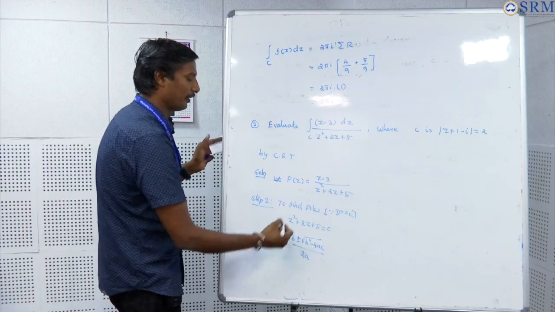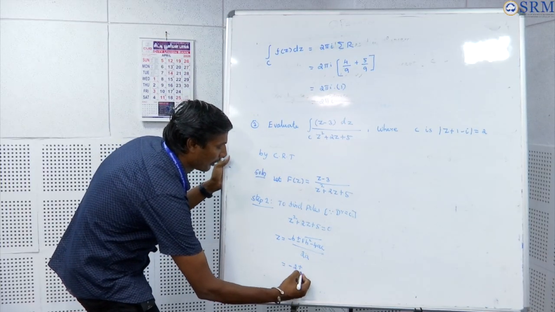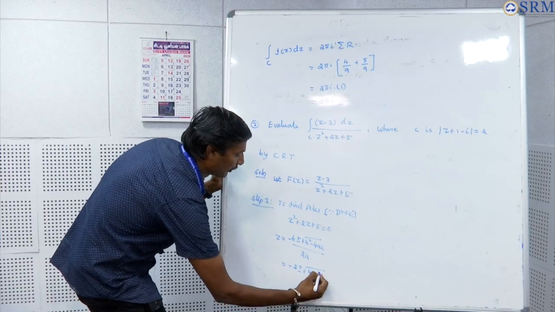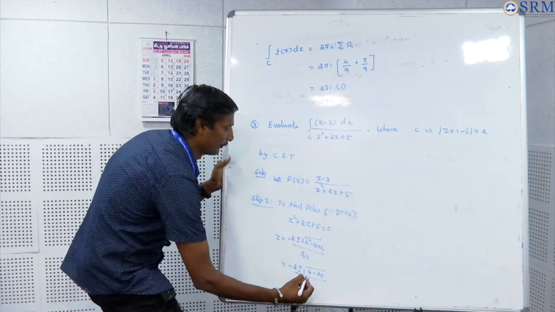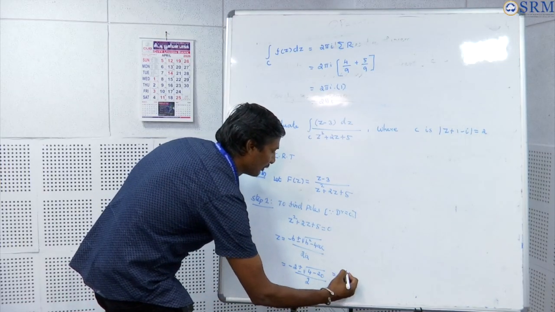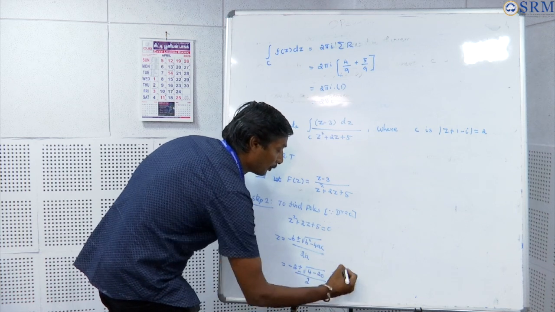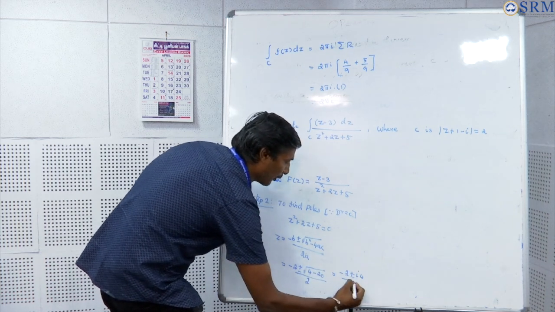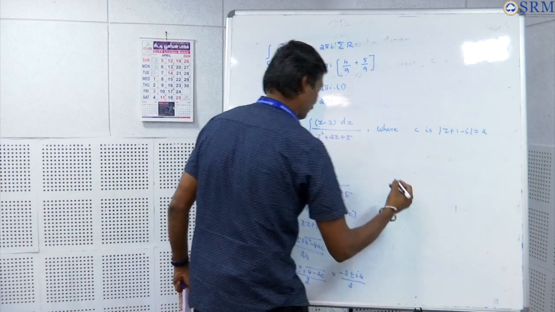Using this formula I get minus 2 plus or minus root of 4 minus 20 upon 2. Simplifying, minus 2 plus or minus root of minus 16, which we can write as root of i by 4, upon 2.